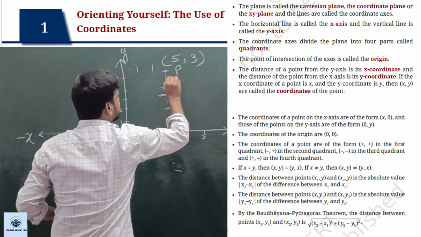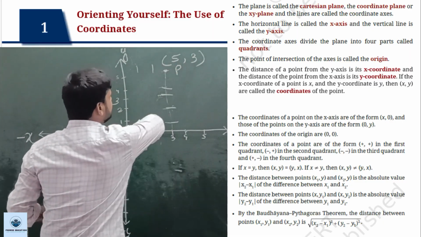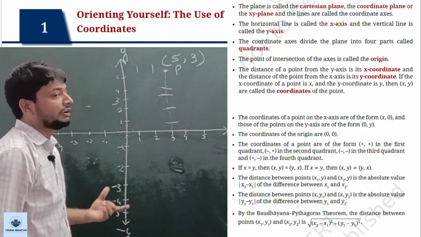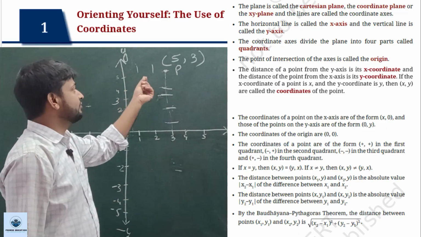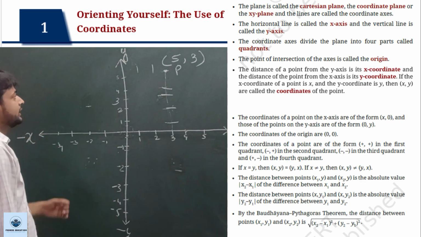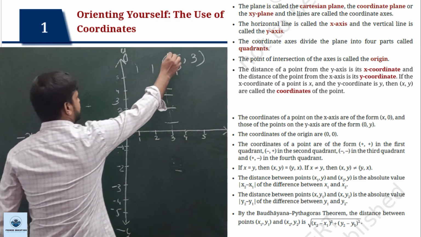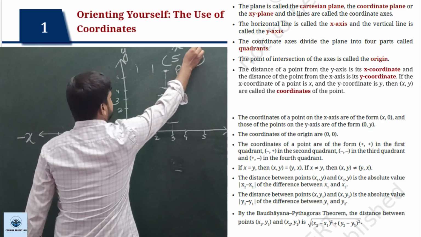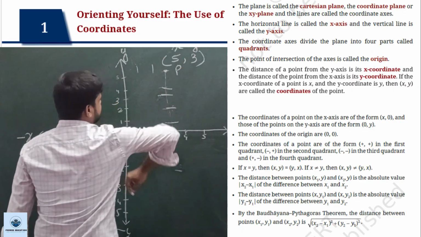Then the specific distance of this point is 5 comma 3. Now, 5 is the value on the x-axis and 3 is the value on the y-axis.